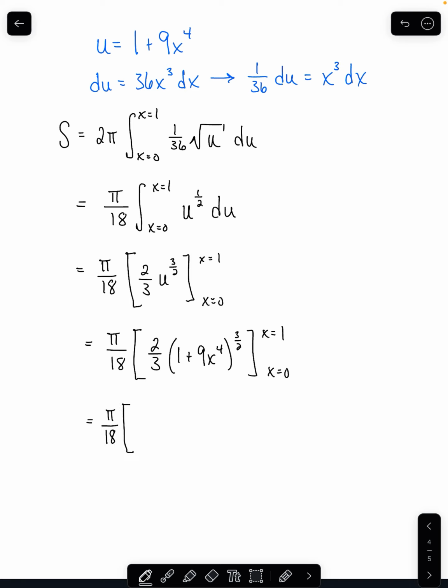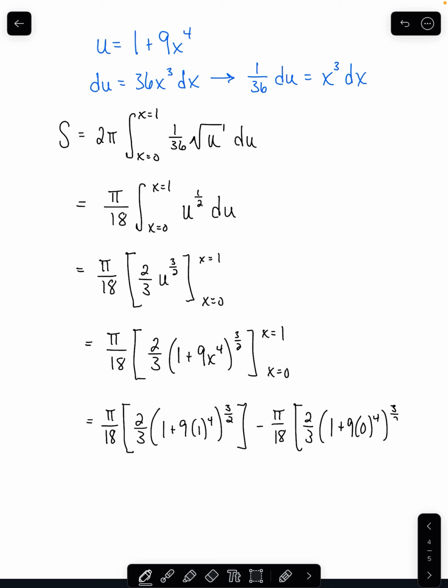So when x equals 1, we will have 2/3 times 1 plus 9 times 1 to the fourth, and then that raised to the 3/2, minus pi over 18 times 2/3 times 1 plus 9 times 0 to the fourth, and then that raised to the 3/2.